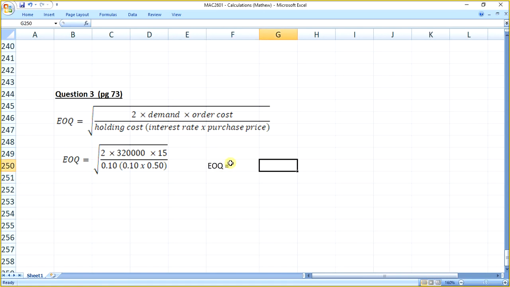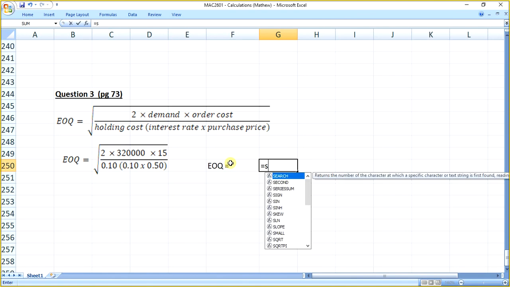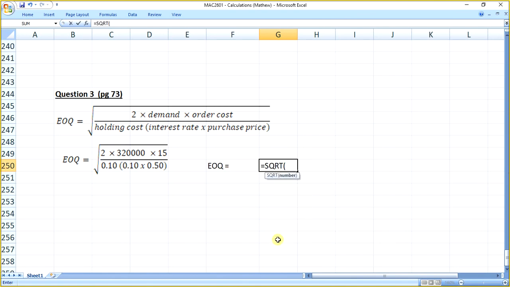I'll do it here as well, and you can check it with my answer. 15 over... Okay, I got 43817.8046. Yeah, I also got that. Cool.